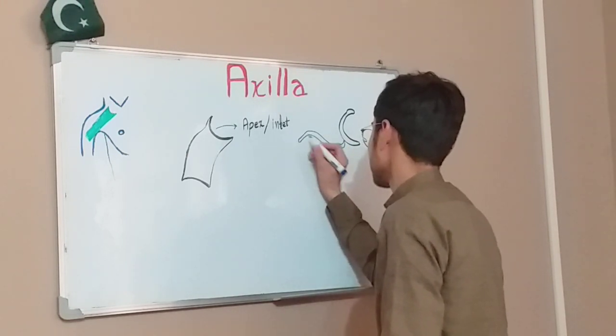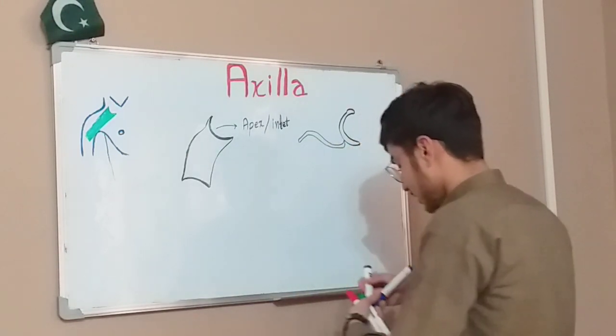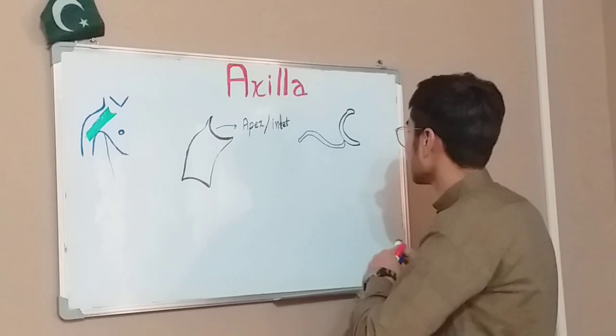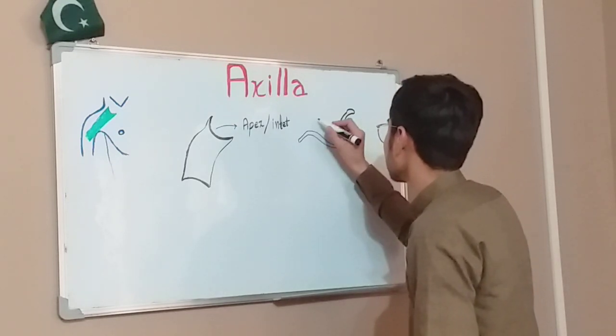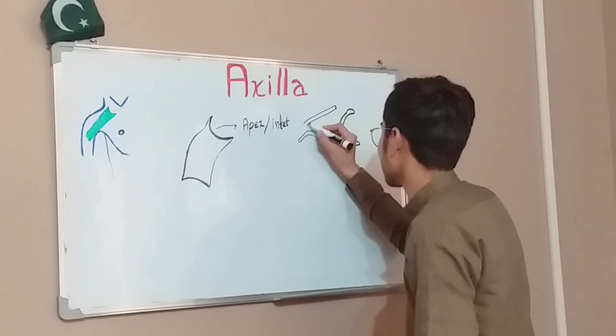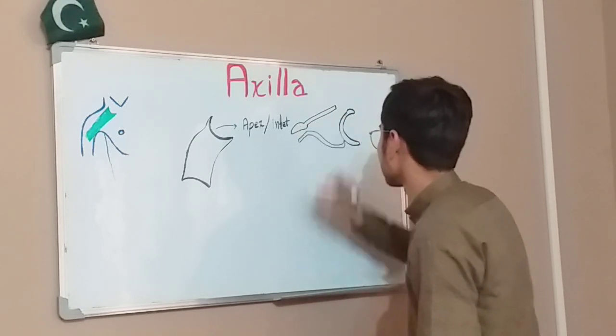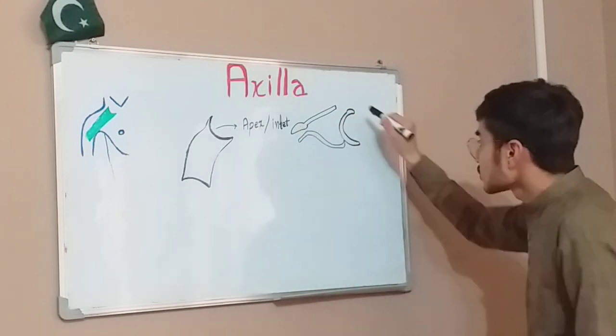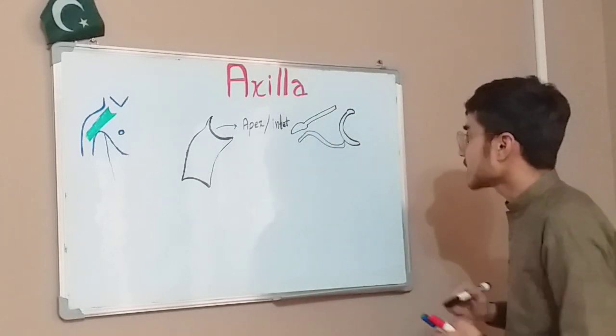Posteriorly we have the scapula, right? So this structure is indicating the apex.